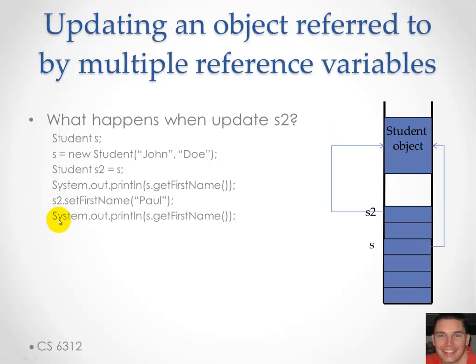So when we come down here, system.out.println, notice here we're going to reference by s again. It says s.getFirstName. s, we come up here, what's your first name? Oh, well, it is now Paul. So with reference variables, whatever alias I use to access that is going to affect all my aliases because it's going up and working on that object that's stored on the heap.